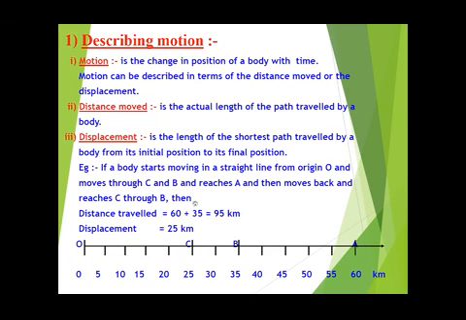So this is the shortest route to reach point C, and this is termed displacement. Now I think this graph, this straight line, helps you understand the difference between distance and displacement.